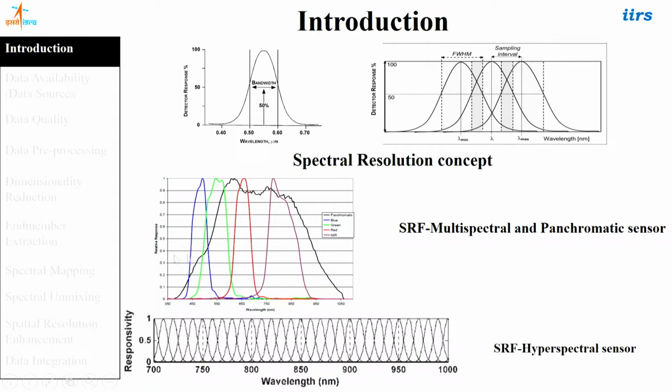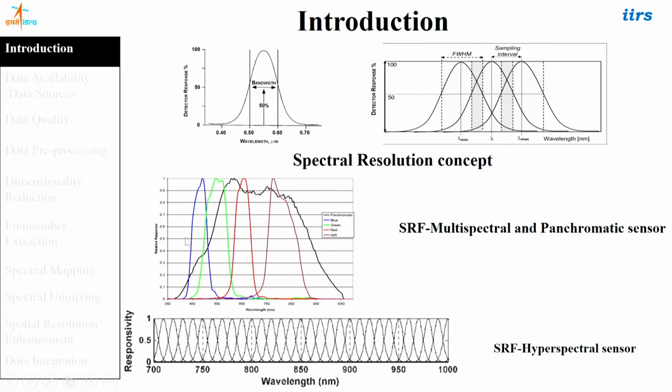So in that case, you can see here hyperspectral bandwidth, how it will appear. So this is the spectral response function of one of the hyperspectral sensor. So the response function you can see when you will draw the full width half maximum between all the spectral response, you will see there will be no gap and it is going to be continuous, and for that you are going to get reflectance values.